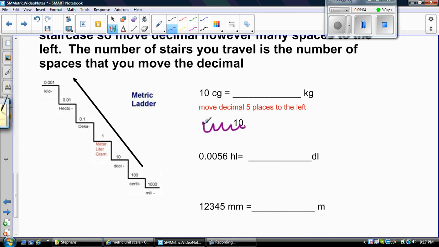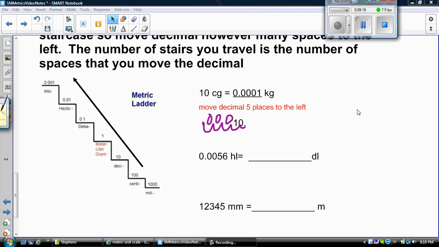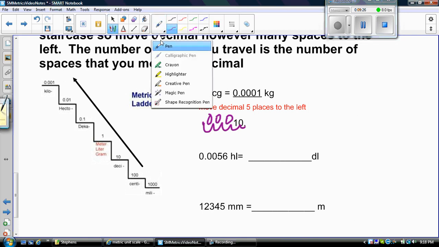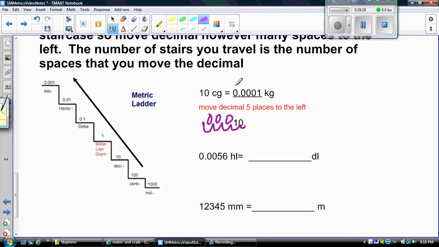And that's my decimal. If you notice, I've got some blank spots, so I have to add some zeros: 1, 2, 3. Once I've done that, I now get my answer as 0.001. So 10 centigrams is 0.001 kilograms. There we go.